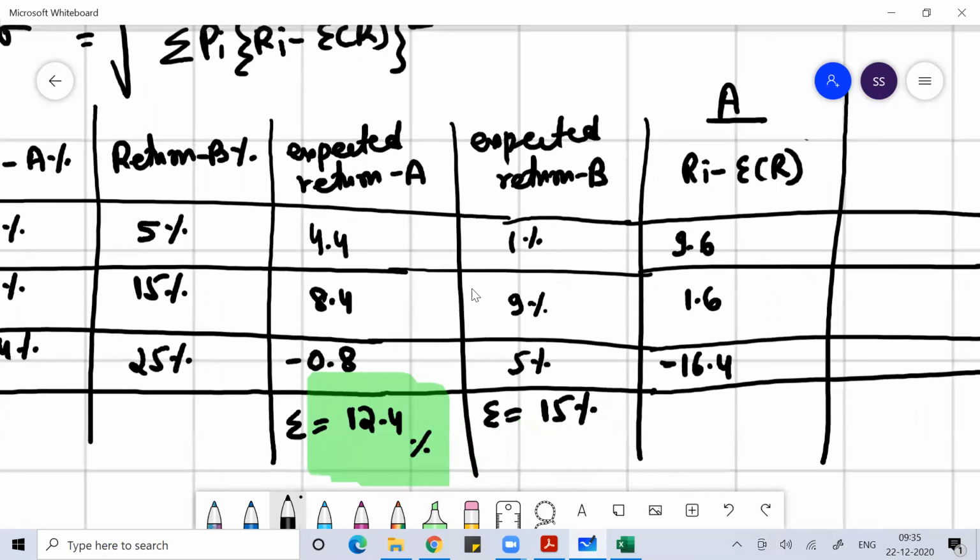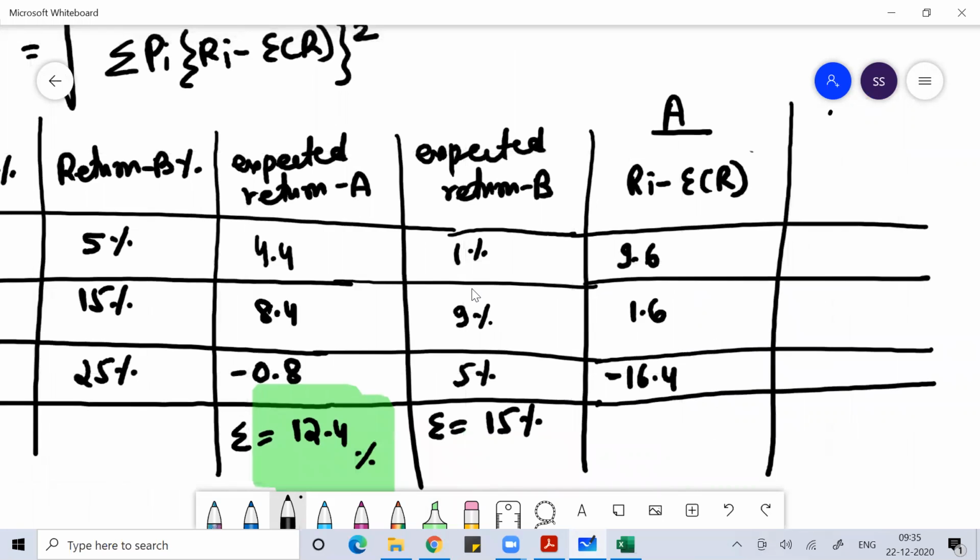Similarly, I do for B. That is Ri minus ER. 5 minus 15, that is minus 10. You are all in percentage.